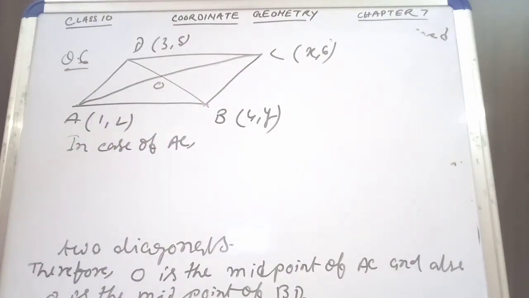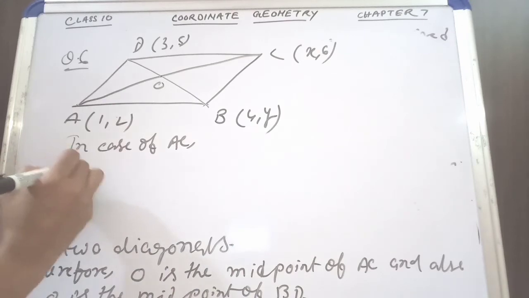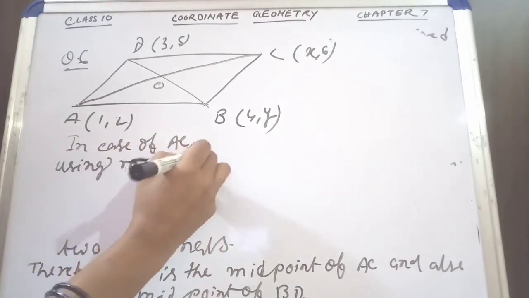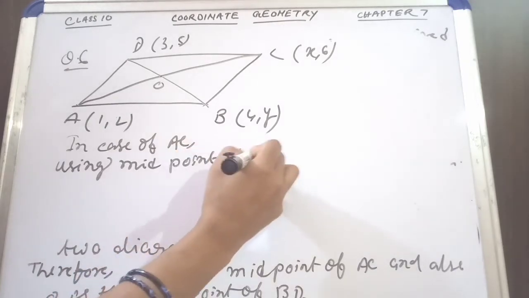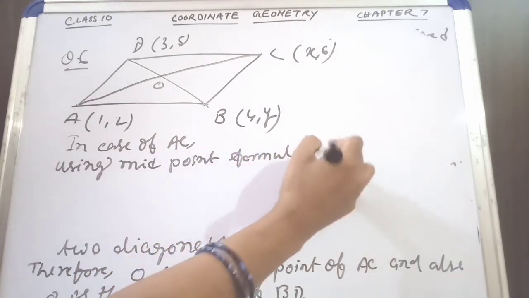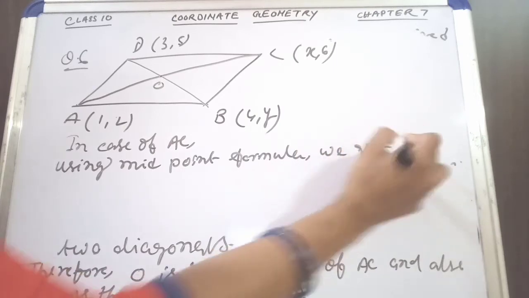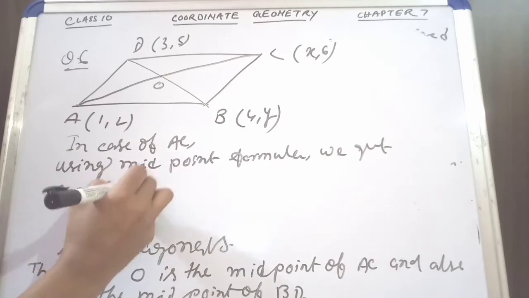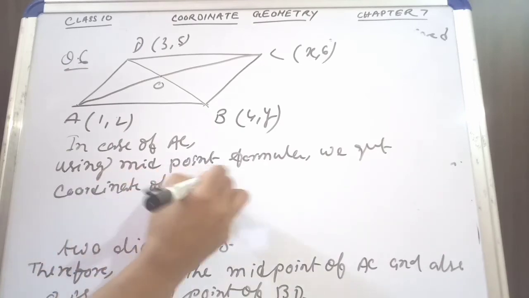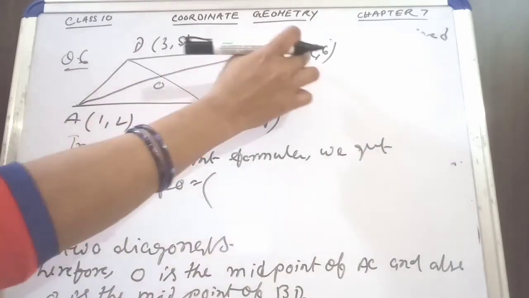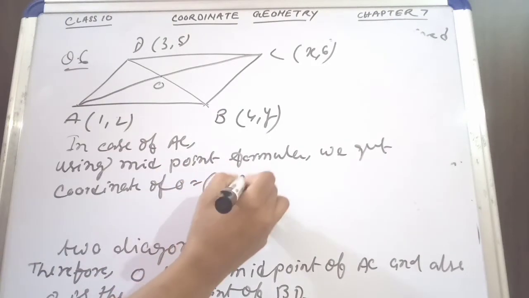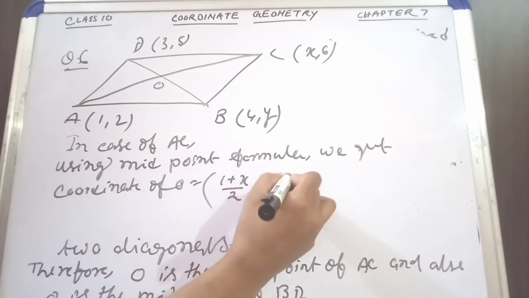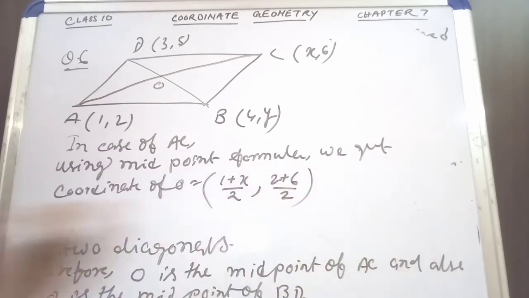So using the midpoint formula, we get the coordinate of O: x1 plus x2 by 2, that is 1 plus x by 2, and y1 plus y2 by 2.